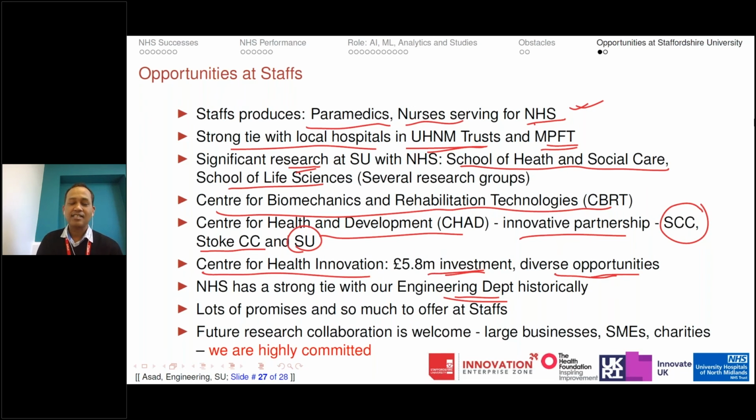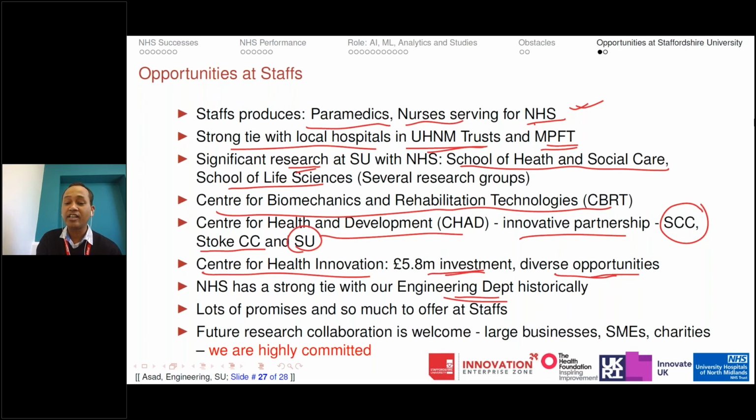So as an up-and-coming higher education institute, Staffordshire University has a lot to offer and has been showing great promise to the NHS and local organizations.